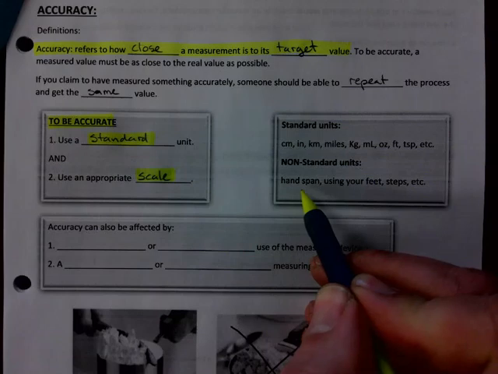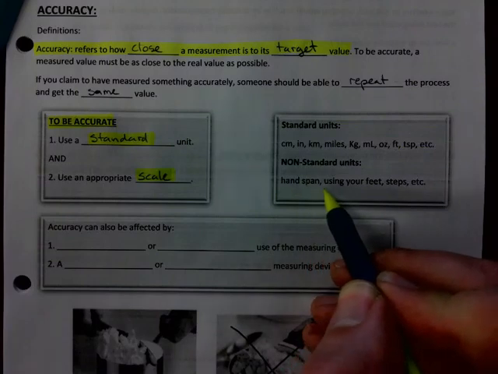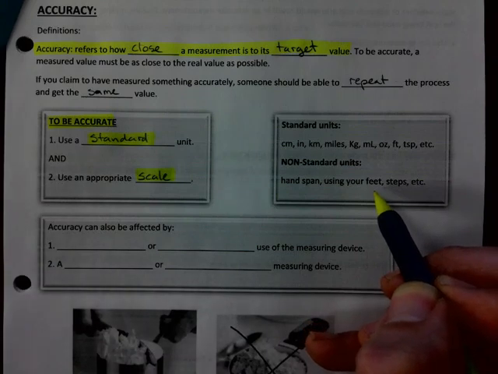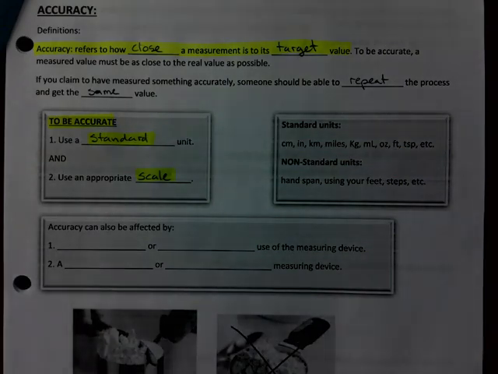Non-standard is anything that isn't, like using anything on your body to measure it, like your foot, your hand span, your feet is not accurate. And I think you can all figure that one out. If I measure this classroom with my feet, and then you use your feet, we're not going to have the same answer, right? Even hand span, like mine is different than yours and so forth. So that's not a standard unit, okay?